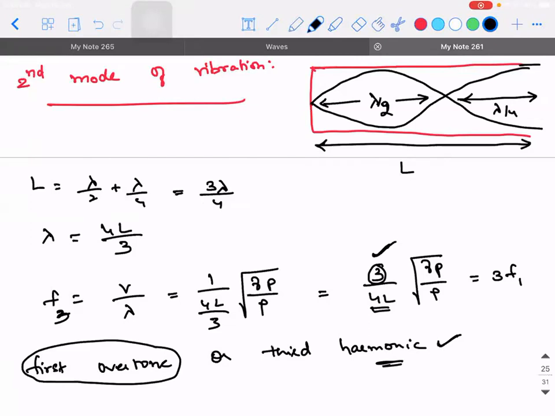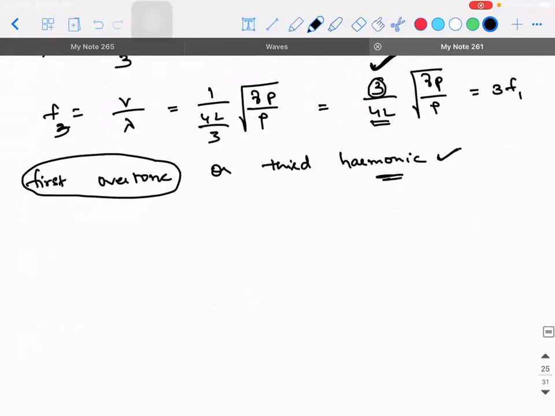The reason why I'm calling it F3 is because I'm taking the numerator of this into consideration. Am I clear with this point, guys? Now listen.